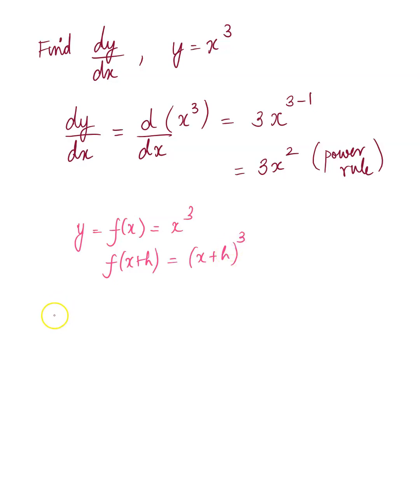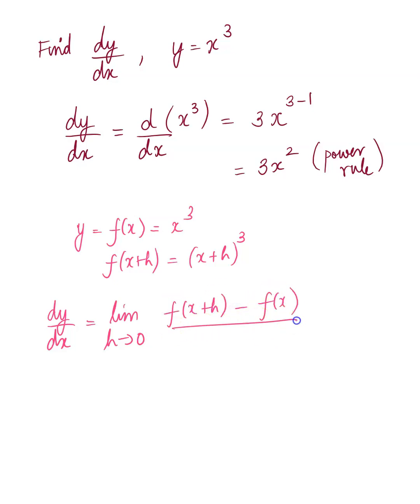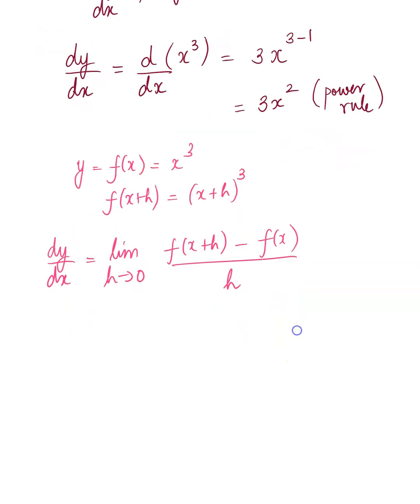And so if we wanted to find dy over dx, it will be the same as limit h approaches 0, f of x plus h minus f of x all over h, isn't it? And this is what we would have done if not for the rule. So you might be asked to go back to do this because that is the origin of this whole concept. So it's x plus h the whole cubed minus x cubed all over h.